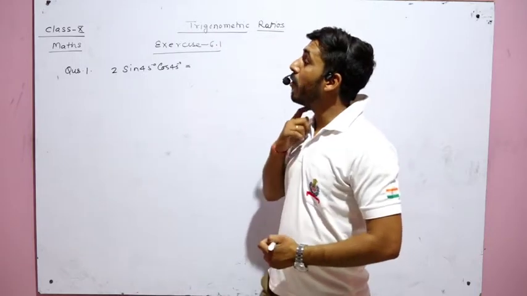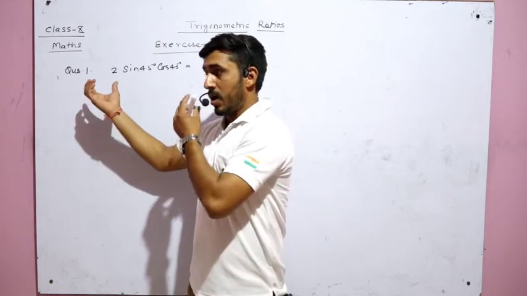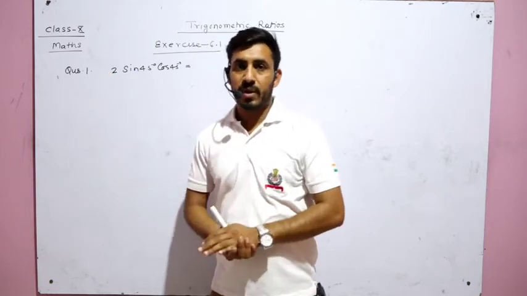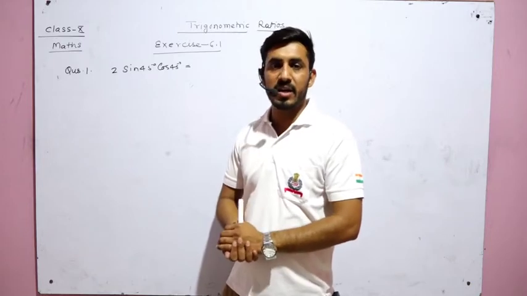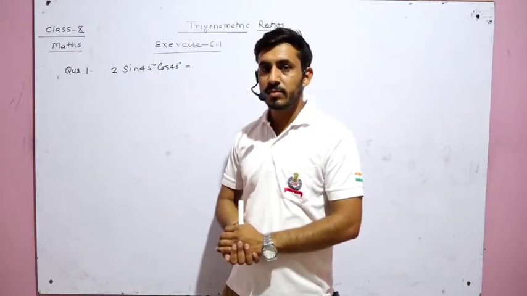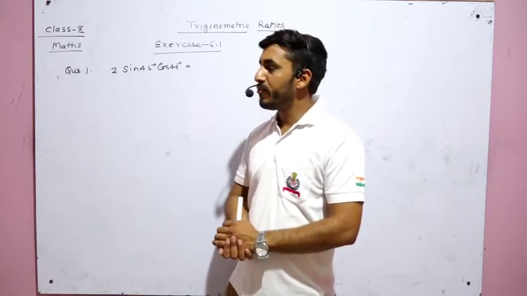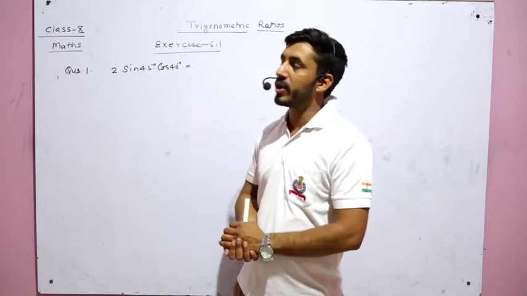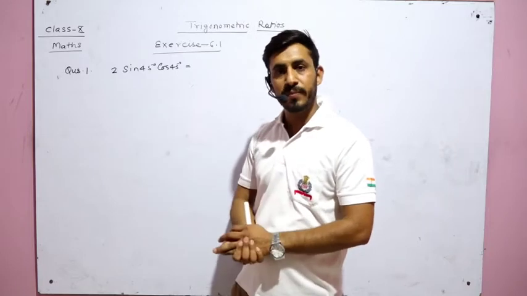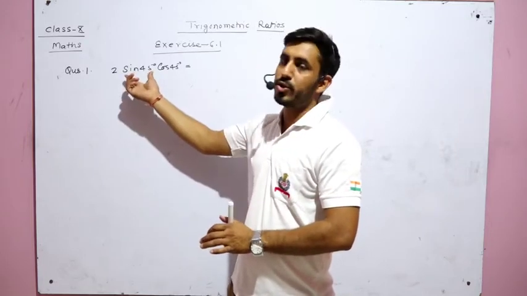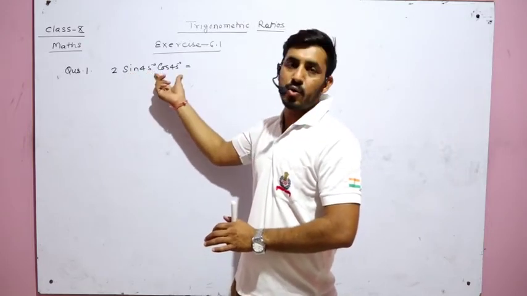Before you attempt this question, you have to think and remember the table as we obtained in the last class. Then we can directly substitute the value of the given trigonometric ratios, here sin 45 and cos 45.